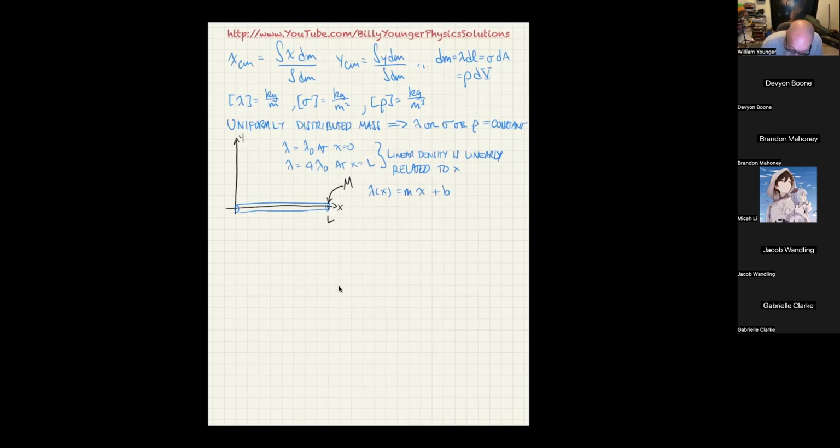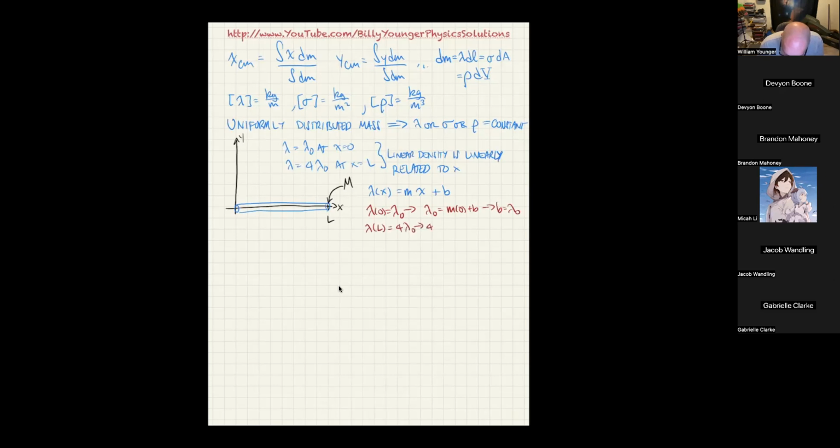And because of that, I can use that to figure out what m and b are. I can say, for instance, lambda of 0 is equal to lambda 0, which means lambda 0 is equal to m times 0 plus b, which means b is equal to lambda 0. I can also say that lambda of L is equal to 4 lambda 0.